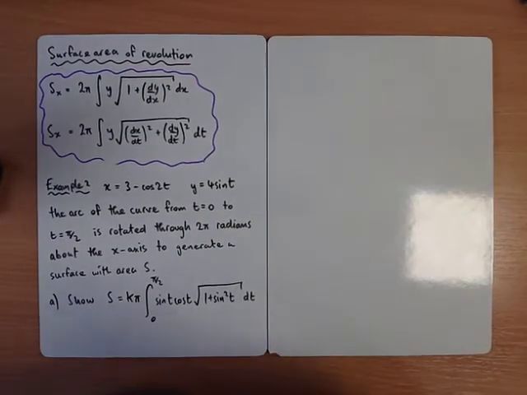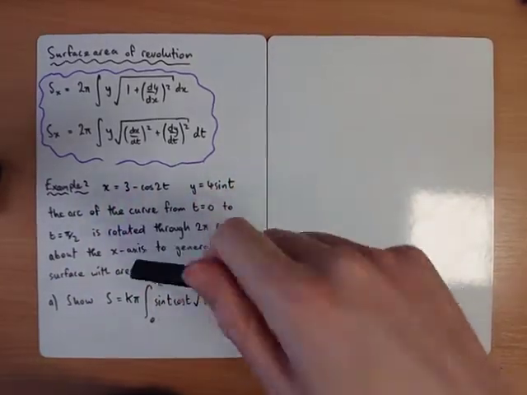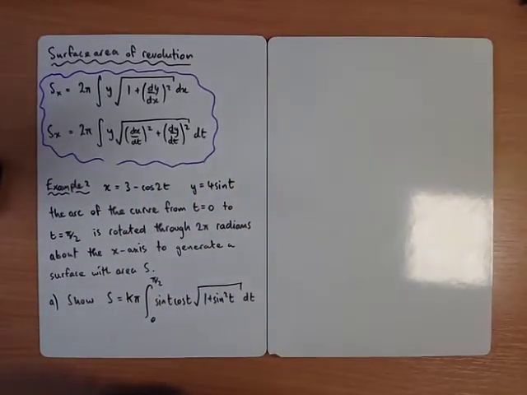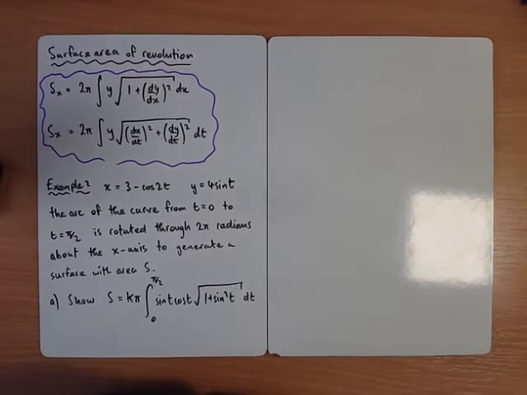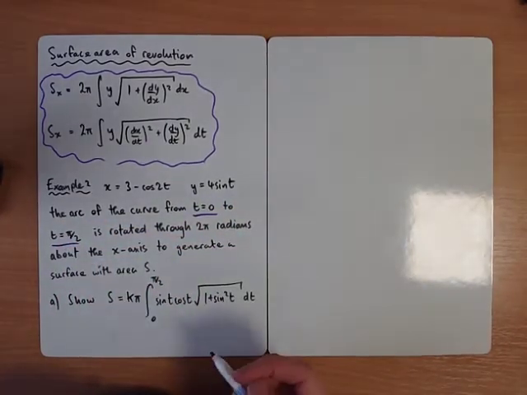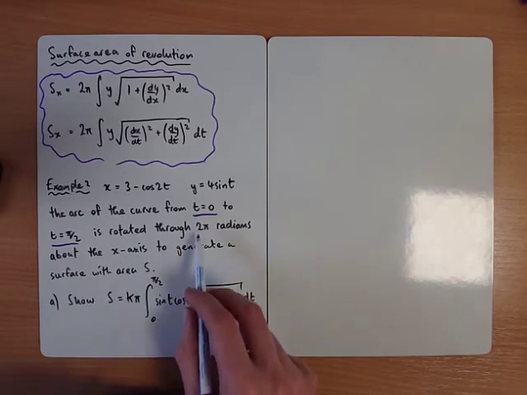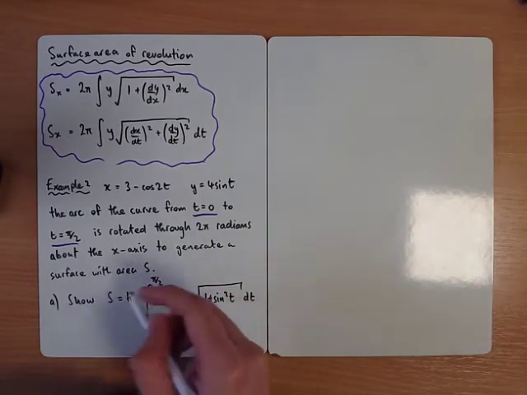Okay, next one's taken from a past paper question. We're given parametric. Let's just read the question carefully, because obviously we've got to make sure we're doing the right formula here. It says the arc from t equals 0 to t equals 2 pi is rotated through 2 pi radians. So it could be a volume we're about to find, but it says to generate a surface.